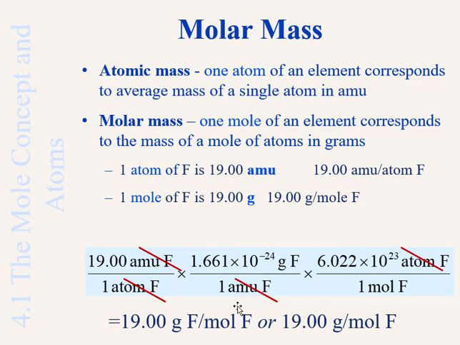And when you do this kind of calculation, you would arrive at the same number but with the units of grams. Okay, so that's the molar mass. Molar mass is the same value, same number as the AMU mass, except in units of grams.